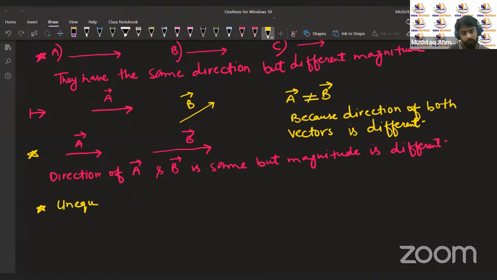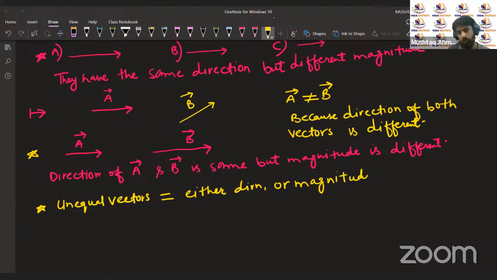Unequal vectors means either direction or magnitude or both are different. So those vectors whose either direction or magnitude or both magnitude as well as direction are different, we call those vectors unequal vectors.